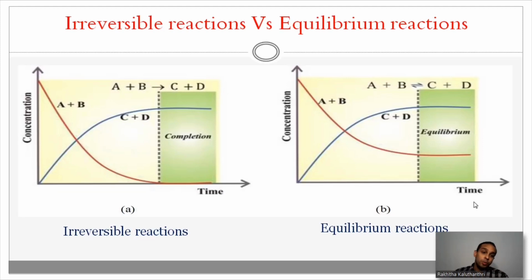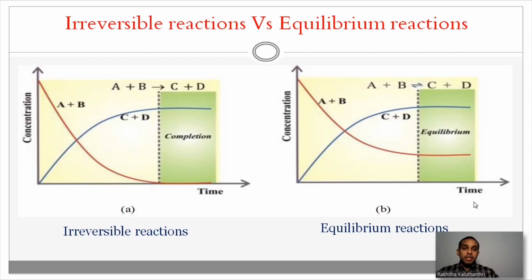But the scenario with equilibrium reactions is quite different to that. Now you can see, again in this case, the reaction is A and B going to C and D, but in this case, we are making it an equilibrium or reversible reaction. That means there's a tendency for both the forward and backward directional reactions to happen.